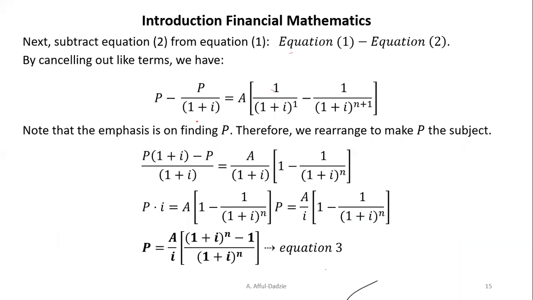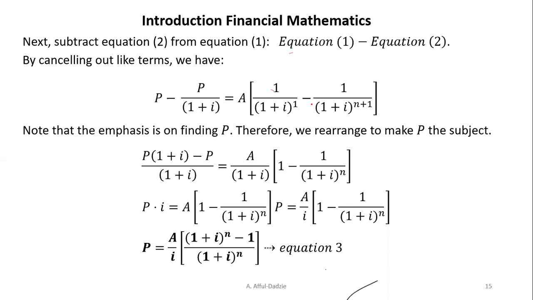So here you notice that because we did equation 1 minus equation 2, and this represents equation 2, which is P over 1, and the A is out, we are left with 1 over 1 plus I to the power 1, all divided by 1 plus I to the power n plus 1. Now, we can start dealing with the issues one after the other, so we try to rearrange.